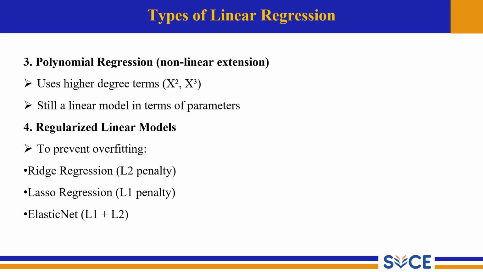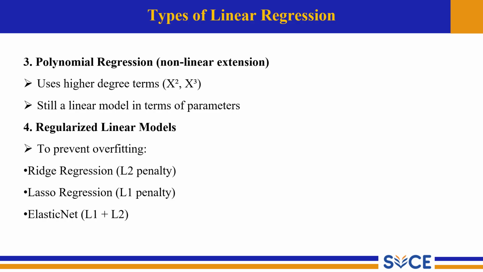Next one is polynomial regression and regularized linear models. Now moving forward, let's talk about two important categories of regression that help us deal with more complex datasets. Polynomial regression is essentially a non-linear extension of linear regression. Instead of using only the original input x, we include higher-degree terms such as x square, x cube, and even higher powers if needed.